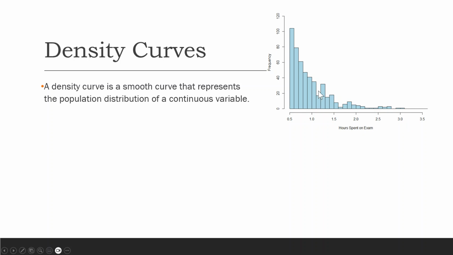In addition to that, we can use words like positively skewed, right? We have a longer tail to the right of that distribution. It's unimodal. There are multiple things that we can really say about this distribution here.